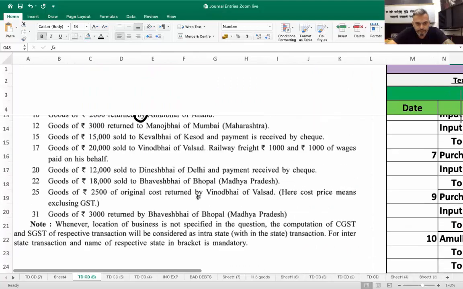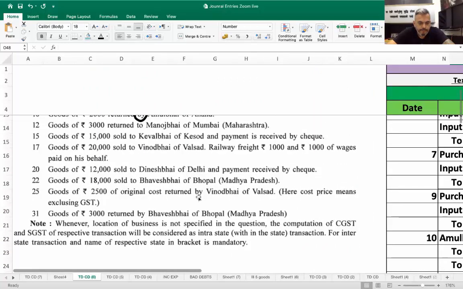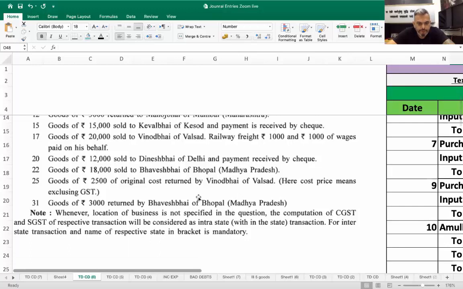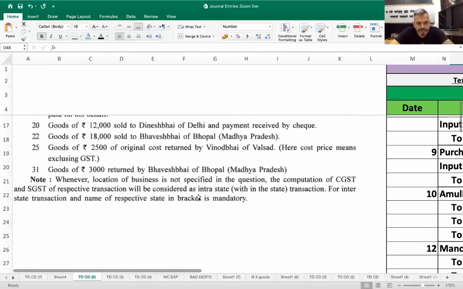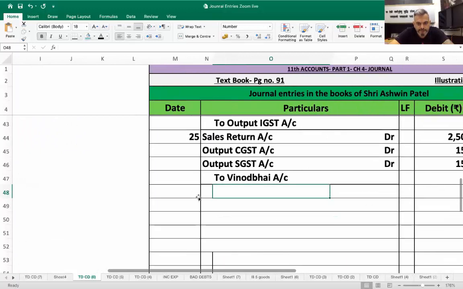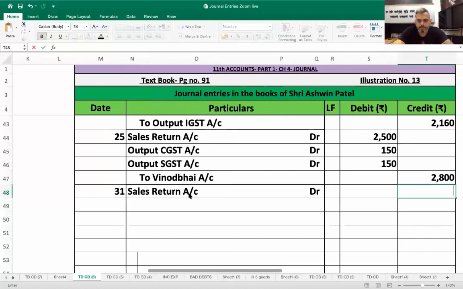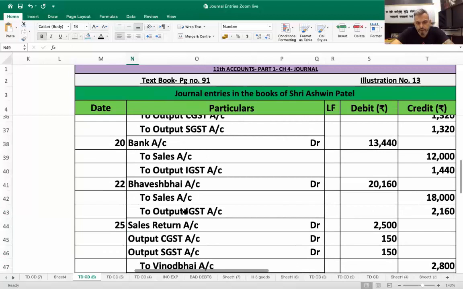Next, goods of 3,000 returned by Bhavesh Bhai of Bhopal. So 3,000 के goods return किए भावेश भाई ने. So sales return account debit 3,000. Now you check Bhavesh Bhai, output IGST.